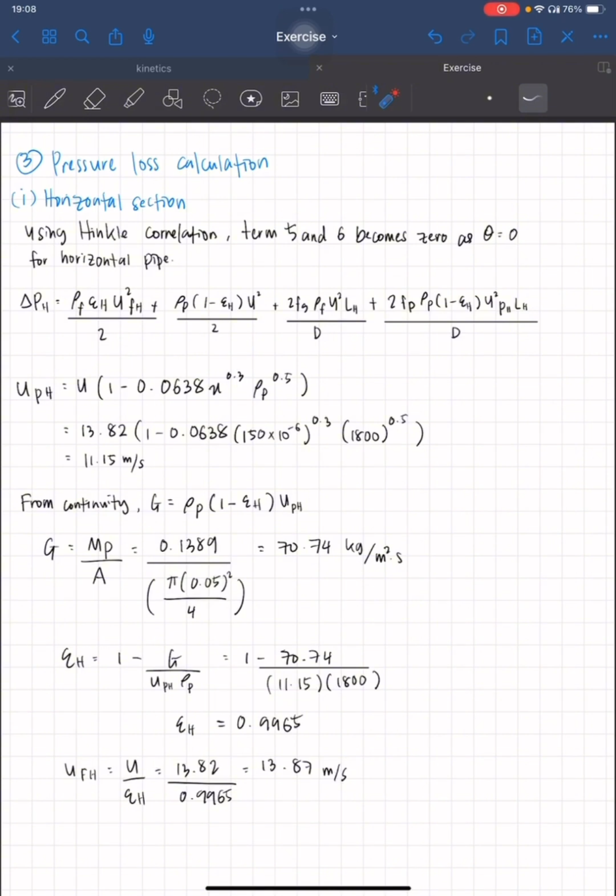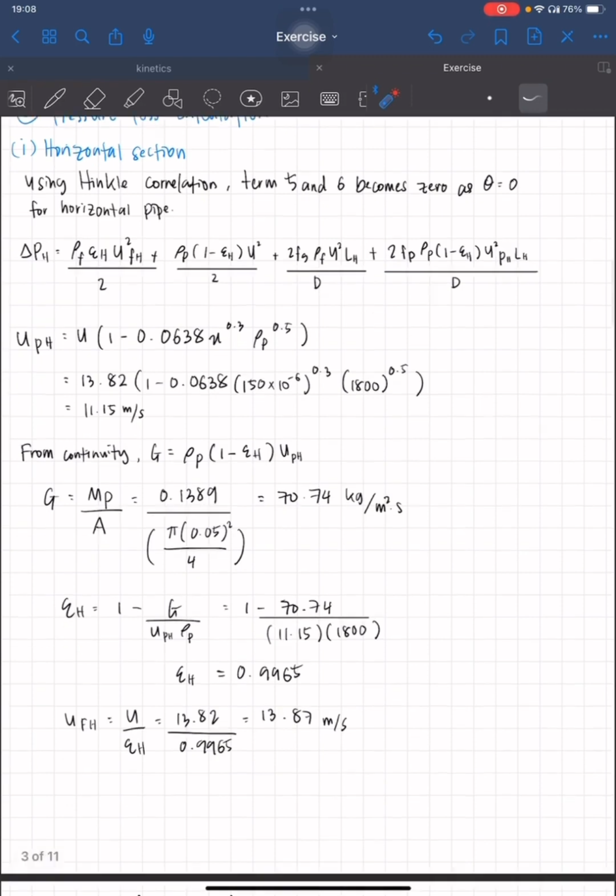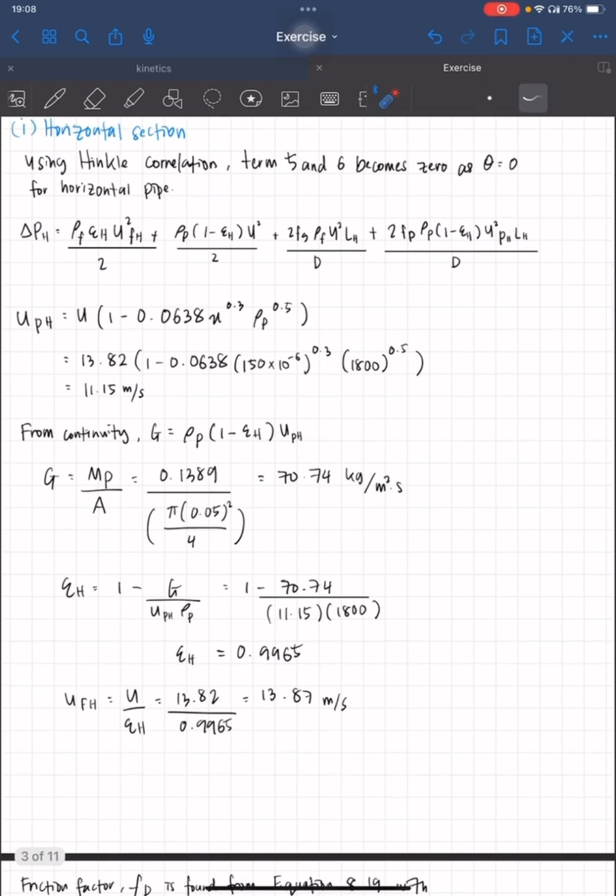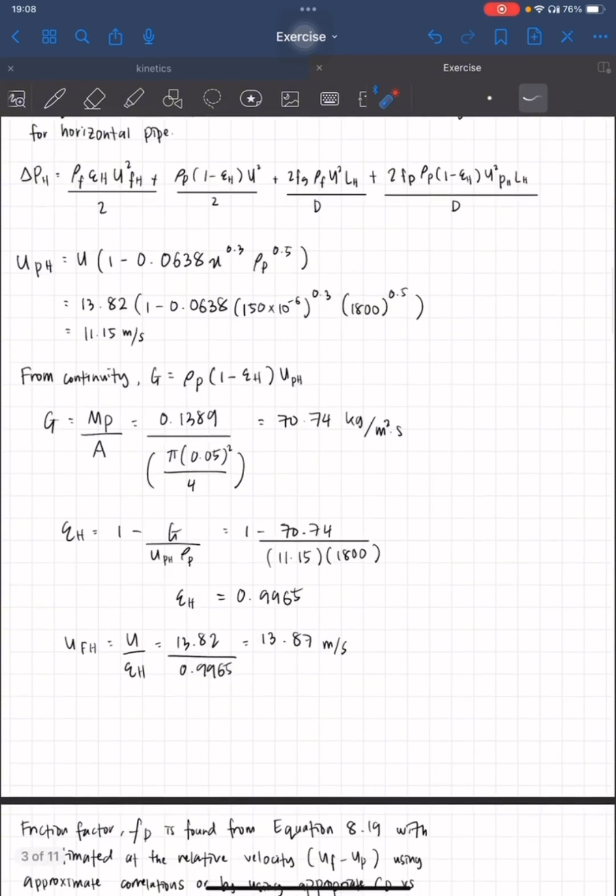So first we need to find the particle velocity for the horizontal section. The equation is as stated here.